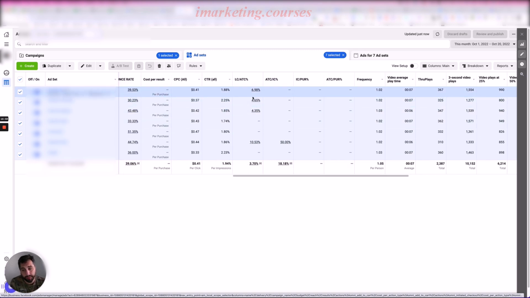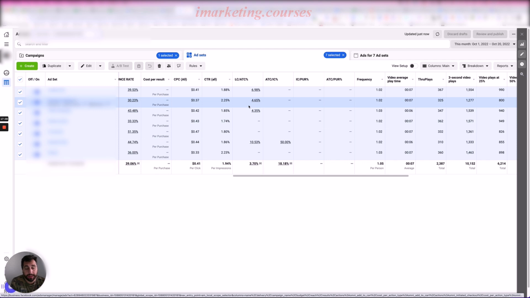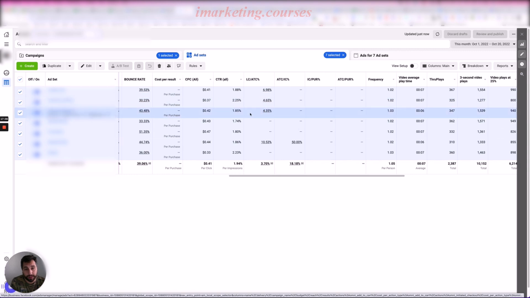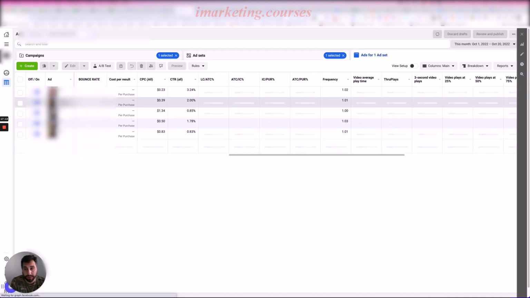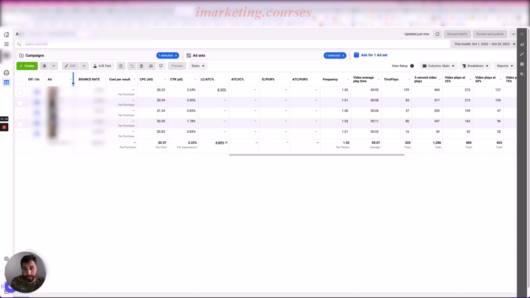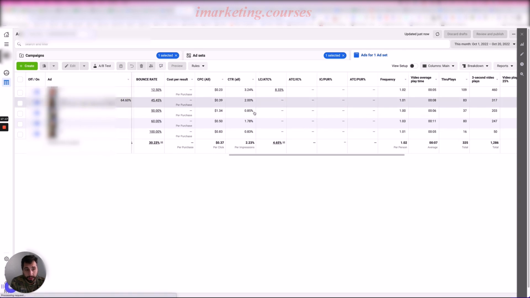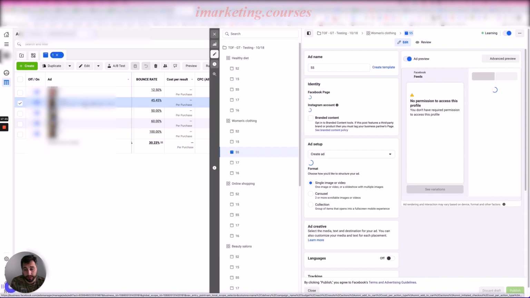That's a huge problem. So that tells me that something is wrong with the offer, right? The offer is off. They're not liking the offer. Let's just go and look at the offer real quick and see what it could possibly be, okay? When I look at this data, this is what I do all the time, right?